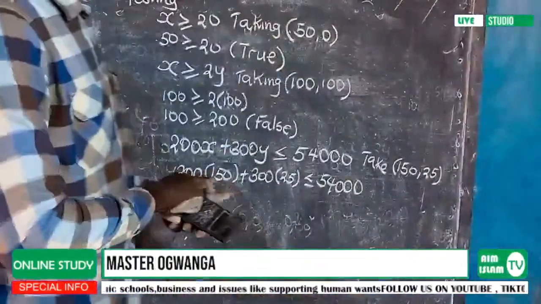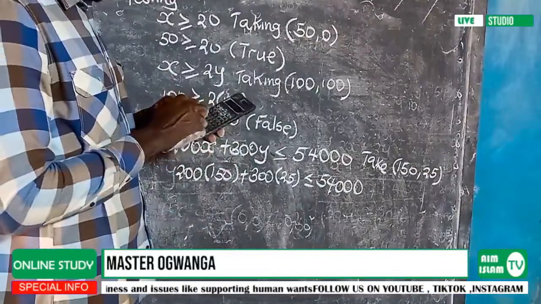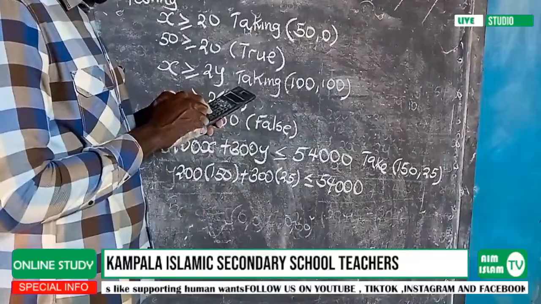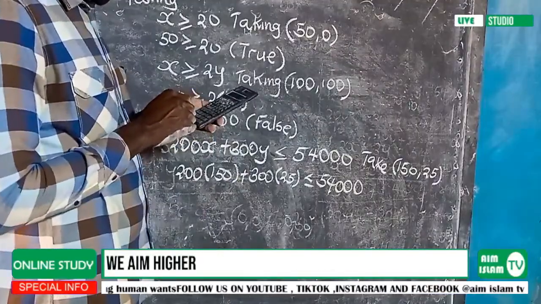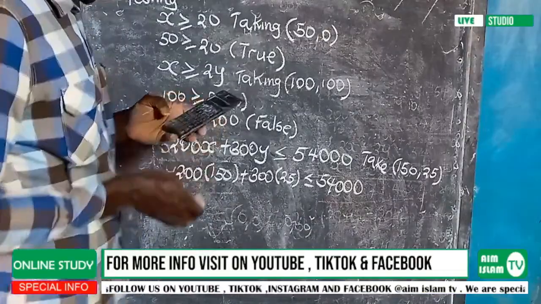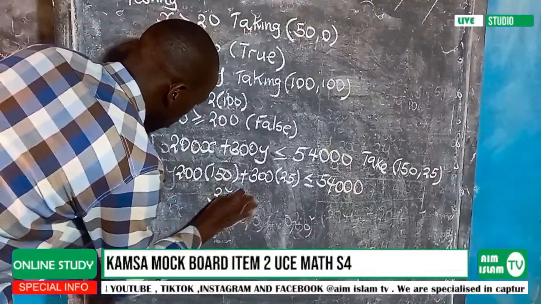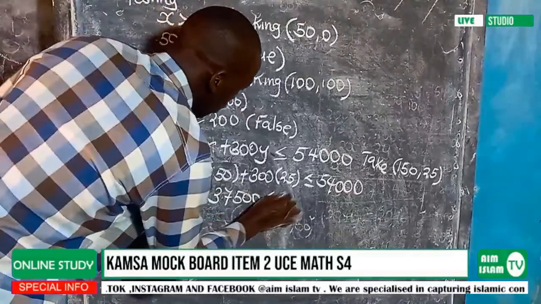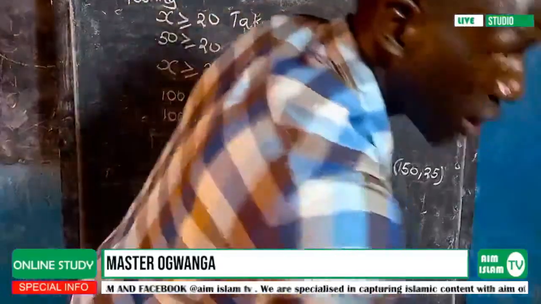So I'm going to compute for this side. That is having 200 into 150 plus 300 into 25. Cross the bracket. So this is 37,500, which is less than or equal to 54,000.